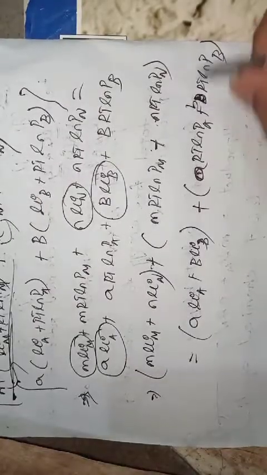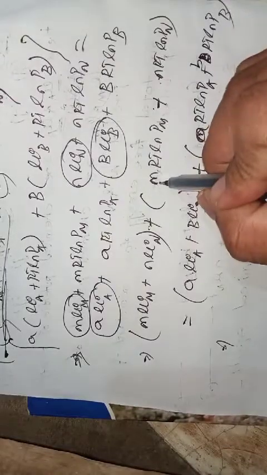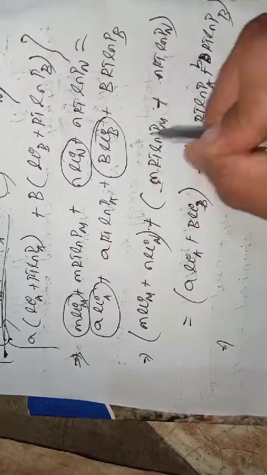This is small b. Now this implies we know a ln b is equal to ln b to the power a.